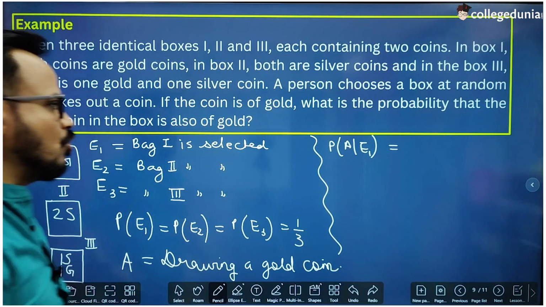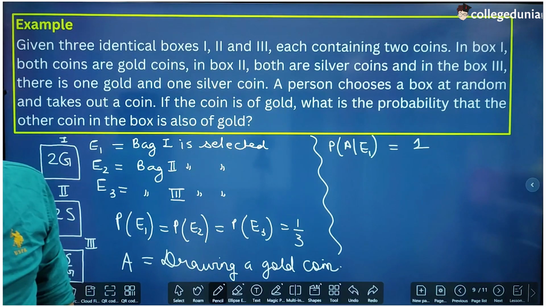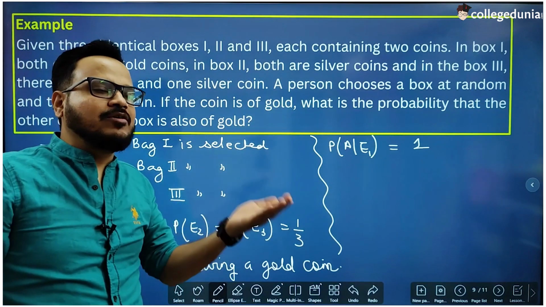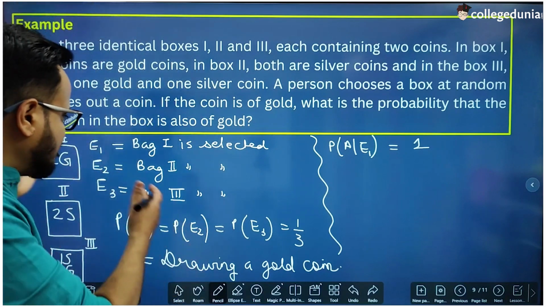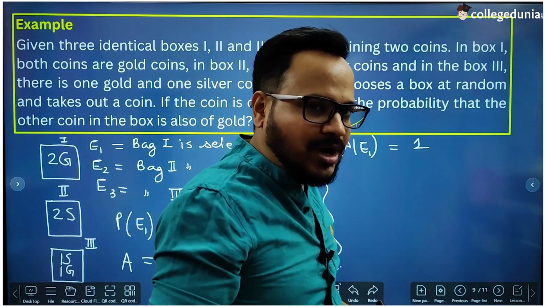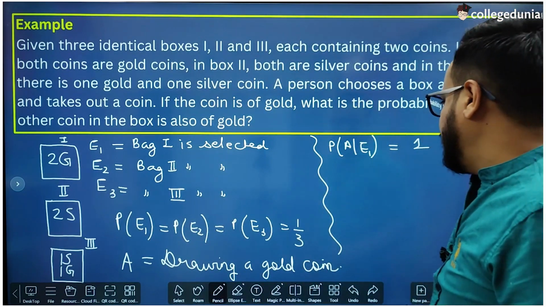Probability of drawing a gold coin from bag 1 is simply 1, because how many gold coins are there? 2. How many total coins are there? 2. So 2 divided by 2 is 1. Because if this bag has only gold coins, then if you draw a coin, that will be a gold coin. Obviously 1, because there is no other option, right?